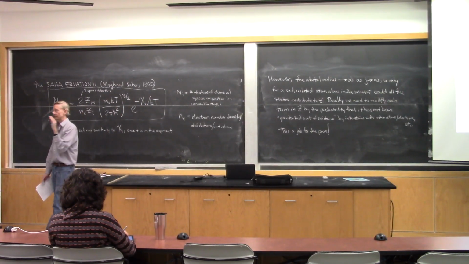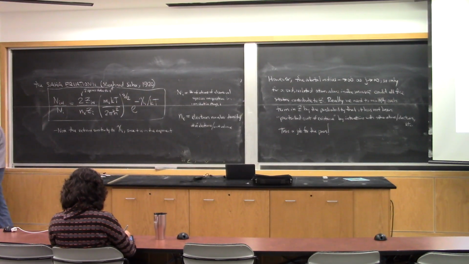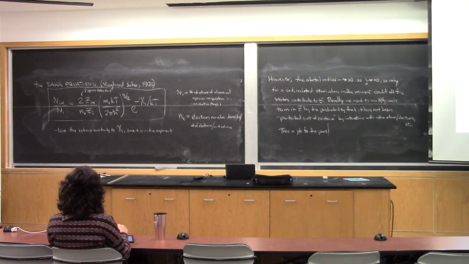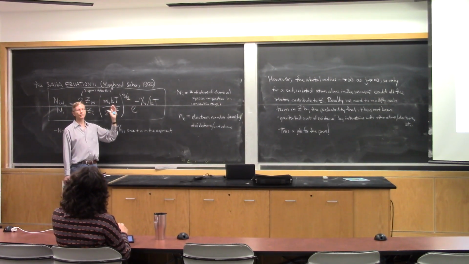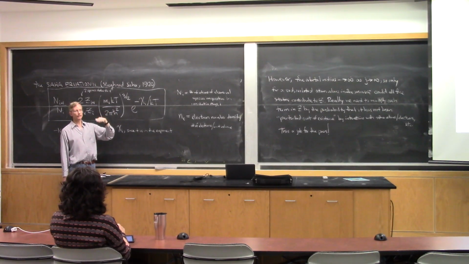As the ionization energy increases, that really suppresses the number of atoms that'll get ionized to the next level, essentially. The higher the ionization energy, the harder it is to strip an electron off, is really what that's representing. Chi sub I is how much energy it takes to strip one electron off, going from the ground state of stage I to the ground state of stage I plus 1.